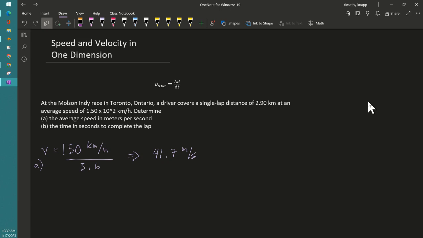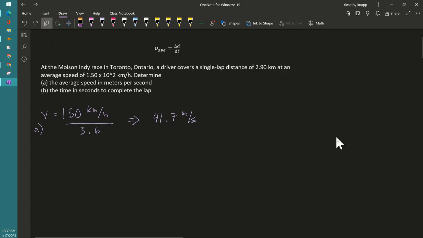All right, so this is for part B. We're just going to use this formula: speed is equal to distance over time. You can write it in the simplified version as well.